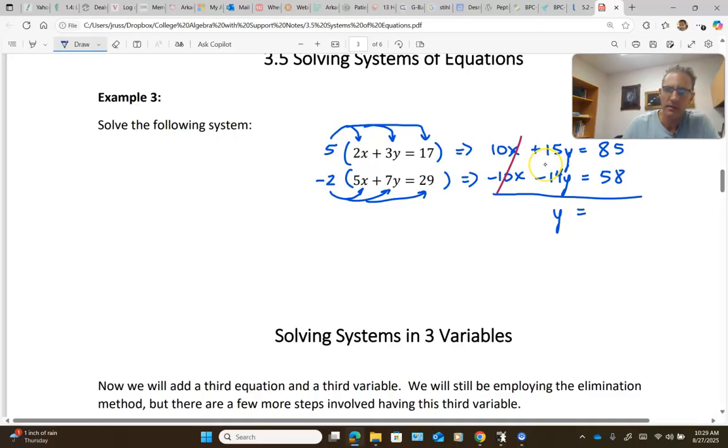Oh, I forgot to make this a negative 58. You gotta be careful on these. And you'll see in the part 2 video, 1 small mistake can derail your entire problem. All right, 85 plus a negative 58 will be 27. So that is going to be my value of y.